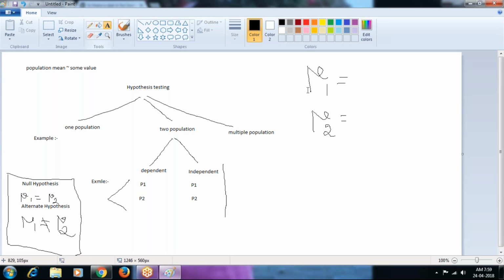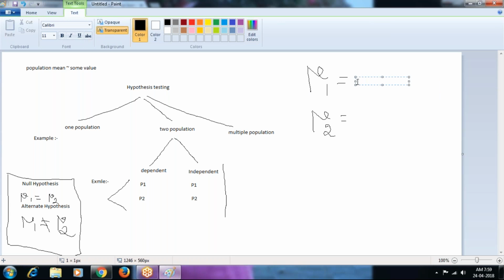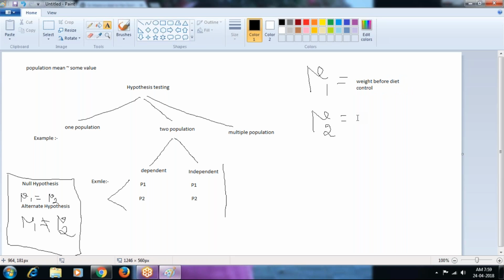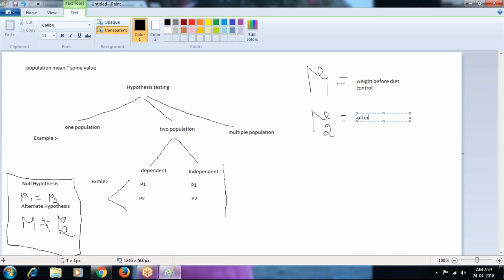Let me pull this one. Before diet control, and this is after.